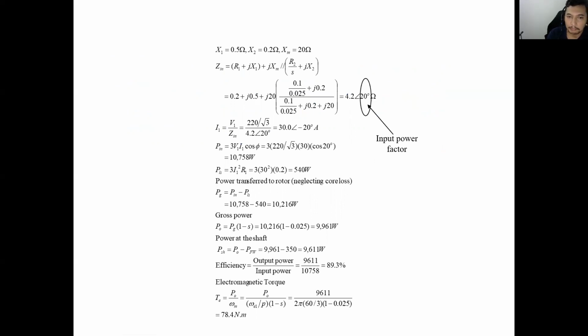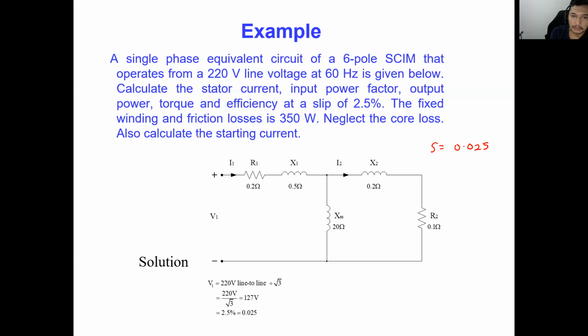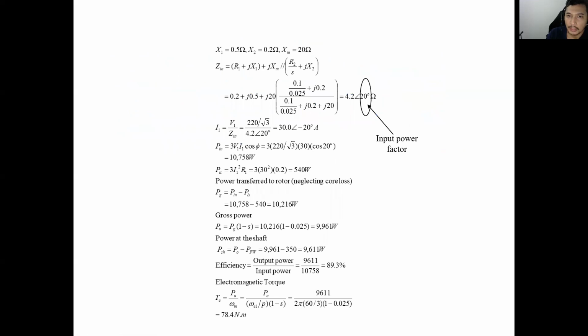To get the input power, you need to know I1. Okay, so to get I1, what you can do is get the total impedance.